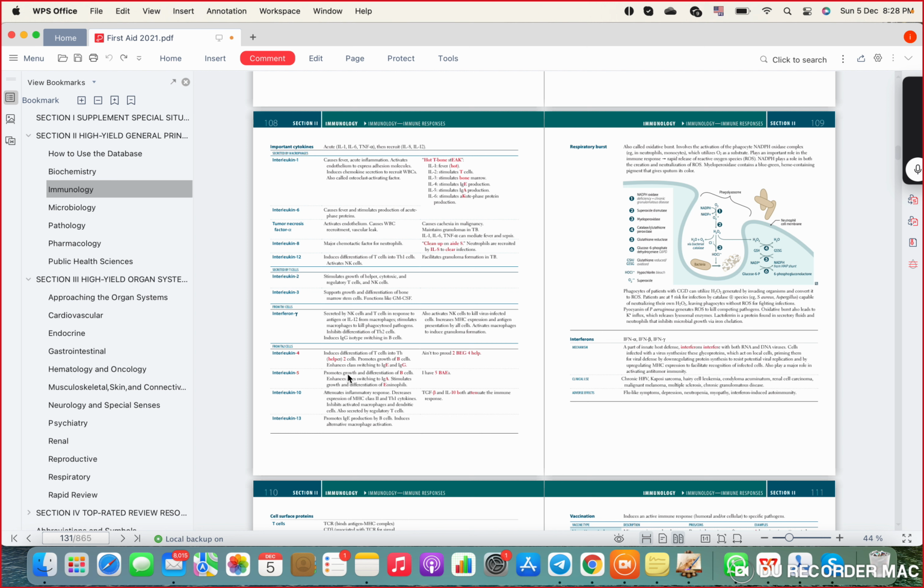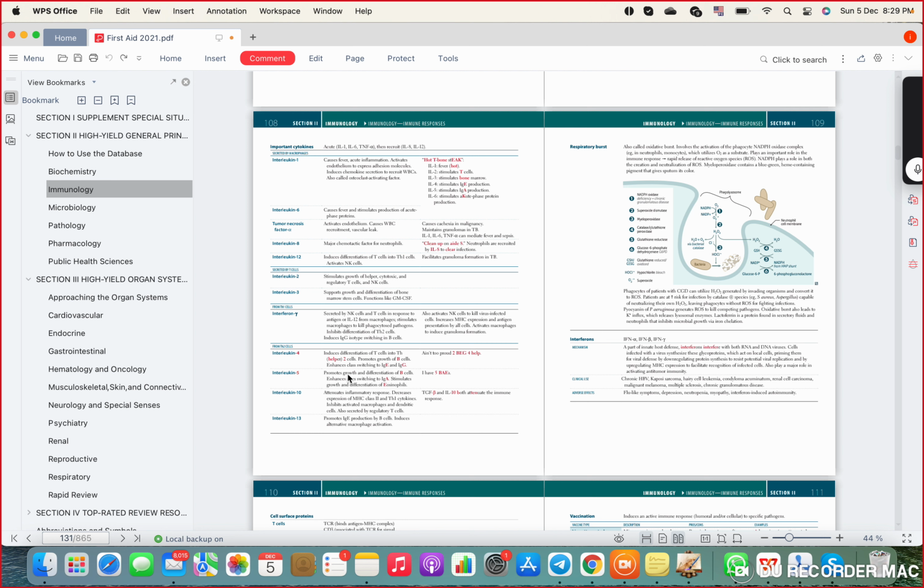And interleukin 7, no idea. 8 is a chemotactic agent. We have no idea about 9. Interleukin 10 and TGF-beta are anti-inflammatory. 11, no idea. And 12 is for producing Th1 cells, important for macrophages and granuloma formation.